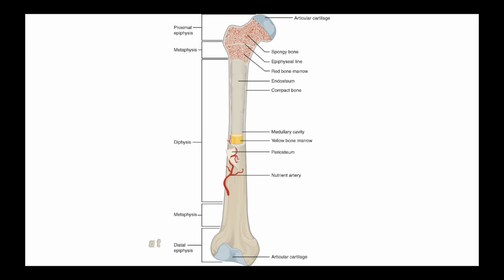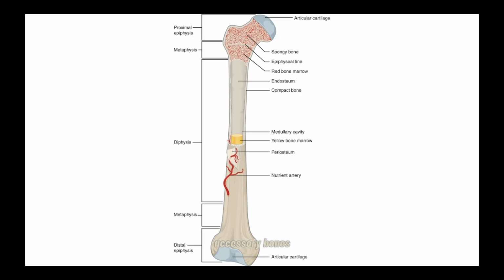Flat bones are thin and can be curved, like the ribs, the cranium, and the sternum. The pelvis is sometimes considered a flat bone. Now irregular bones don't fit neatly into any other category, like the vertebrae, the facial bones, the sphenoid, and sometimes the pelvis.